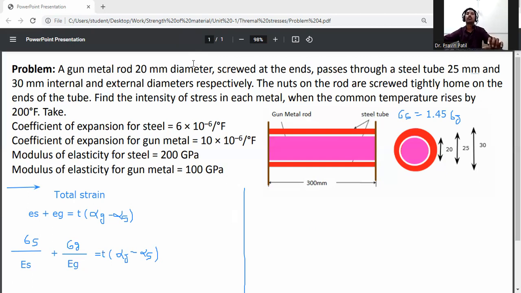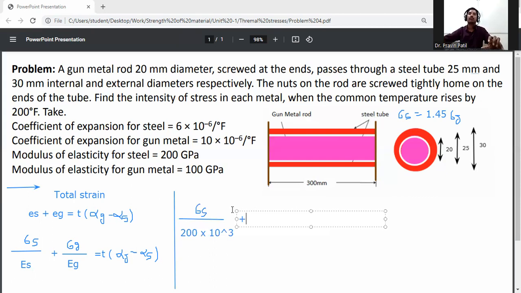So put all these values. Sigma s is unknown, sigma g is also unknown. So sigma s divided by Es, it is a known value. Es is 200 into 10 raised to the power 3.